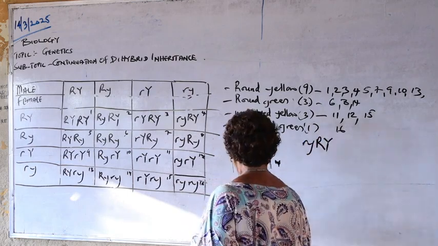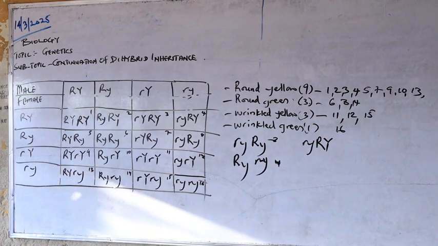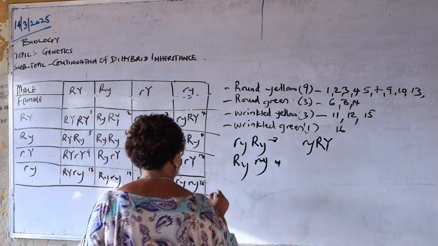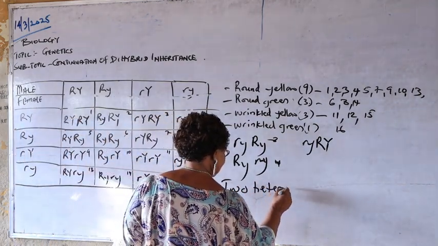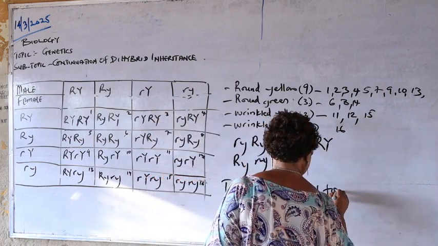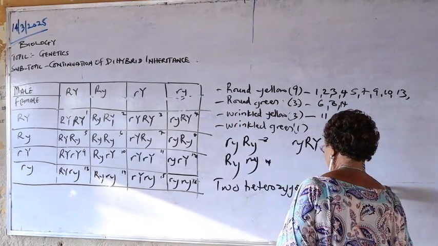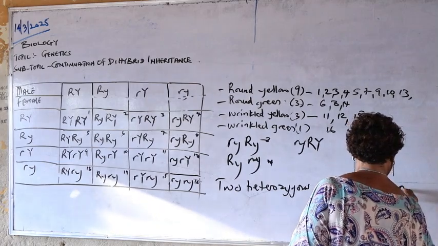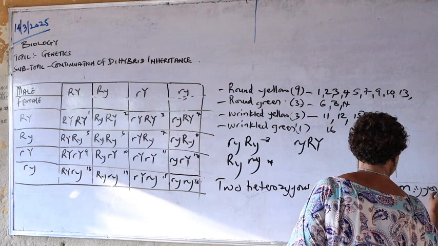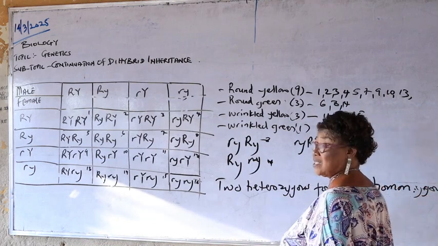R. So, they are not the same. See, we have two heterozygotes for round and homozygotes for green. Two heterozygotes for round, and homozygote for... what did I say?